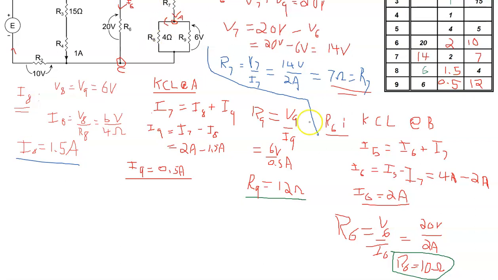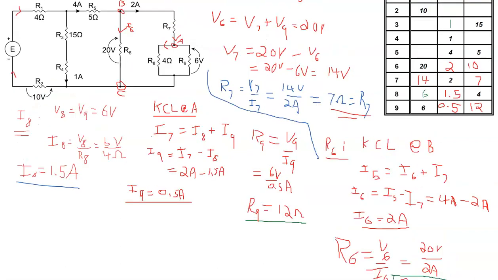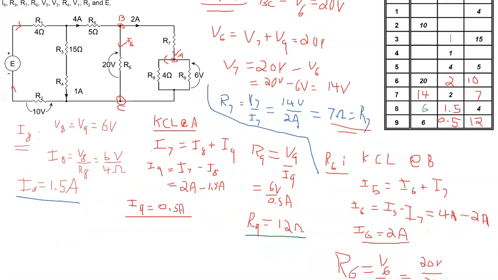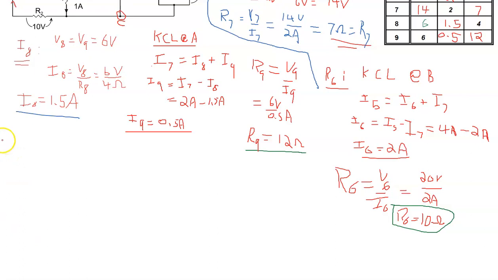Okay, so the next thing that we are asked to find is V5. V5 is a relatively easy one because we're given the current and we're given the resistance. So V5 by Ohm's law is equal to I5 times R5.